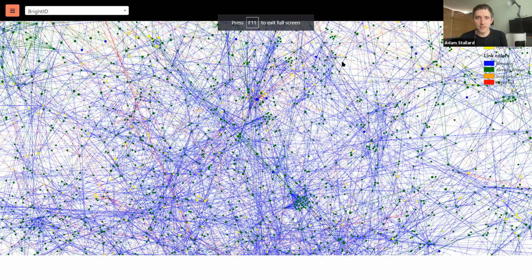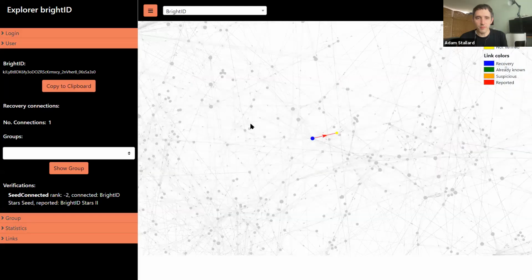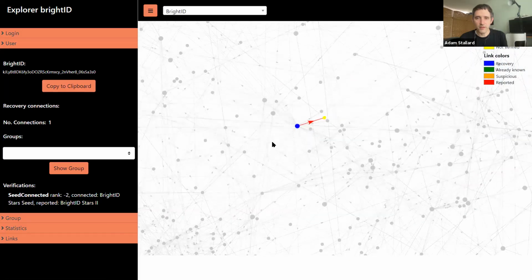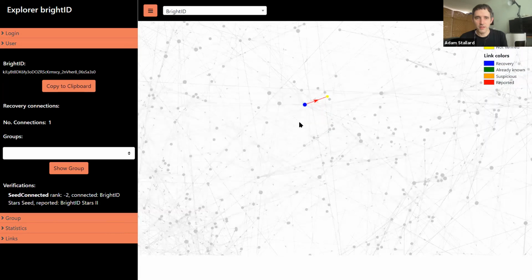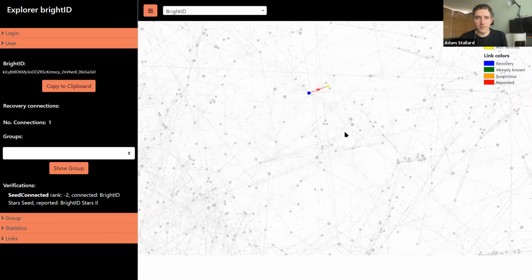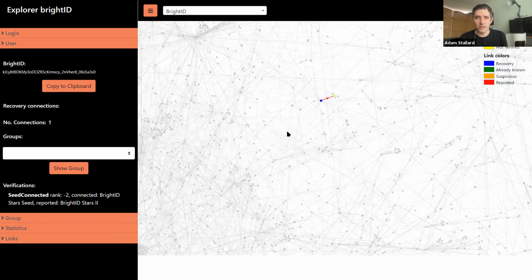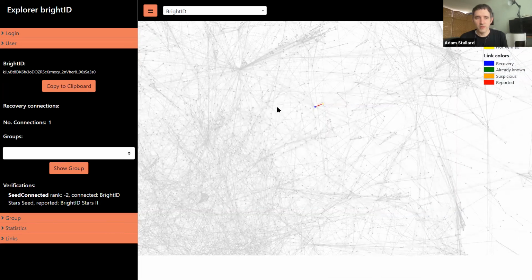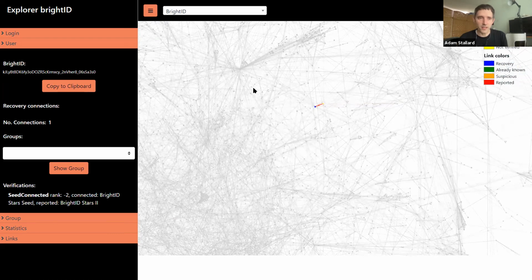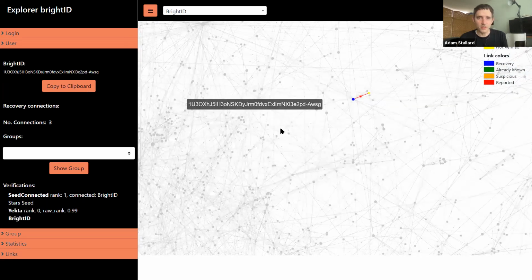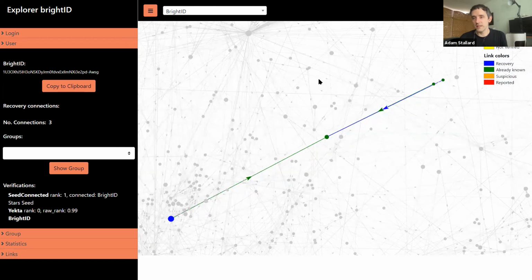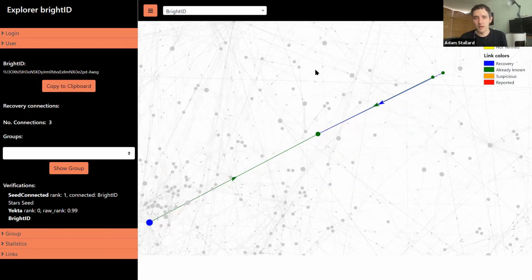But you'll notice if you're me or Poslar looking at this graph, you don't know who is who. The dots on the graph have these non-human readable identifiers, these strings of numbers and letters. And that's by design. That's how it's meant to be.